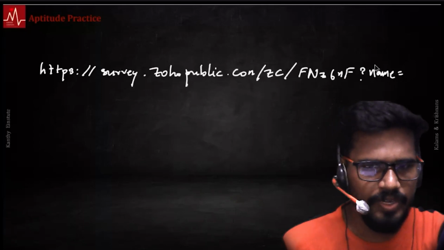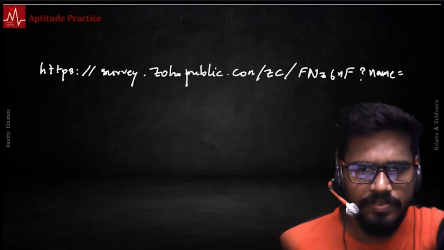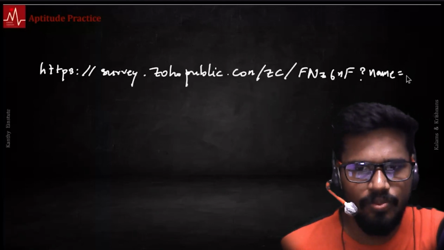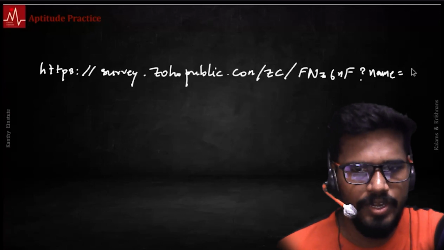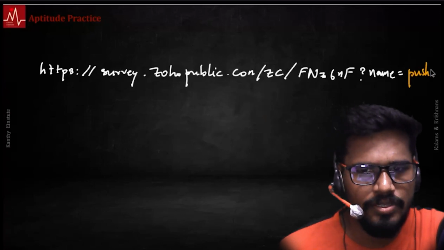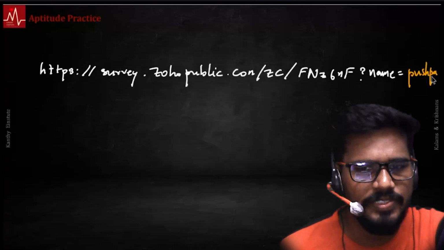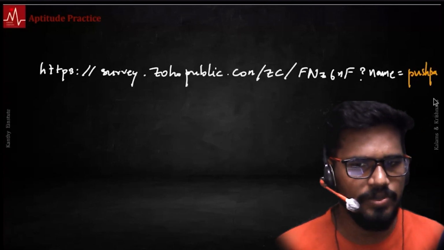If you copy paste this link and put it in the address bar, it will say survey link is invalid. What you are supposed to do is append a unique name here. Let's say Pushpa 2. So if Pushpa comes back to me trying to locate his test, I can actually get back to the test.